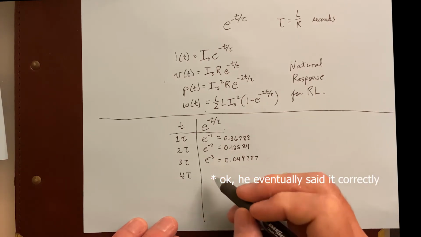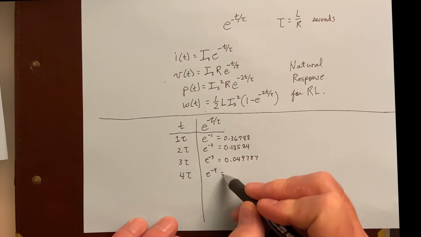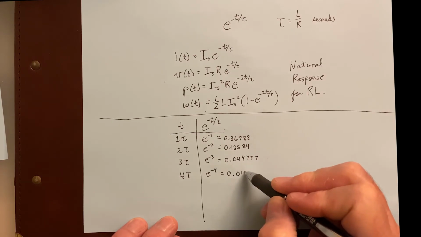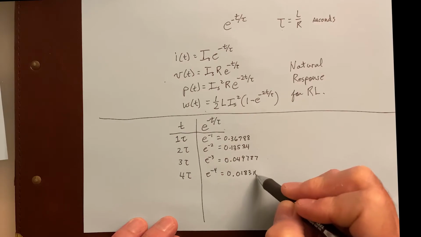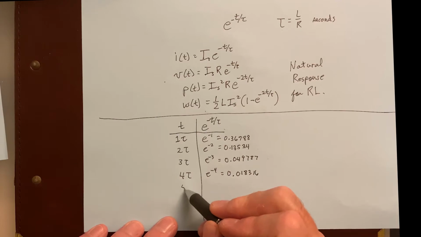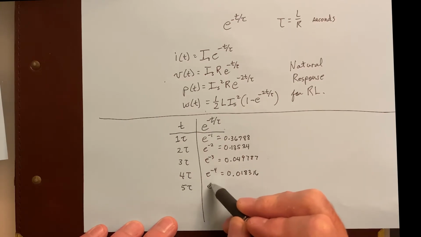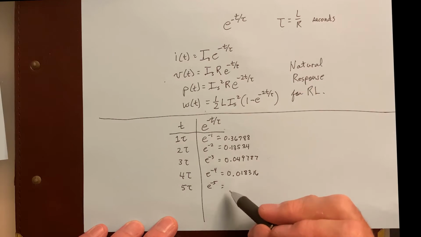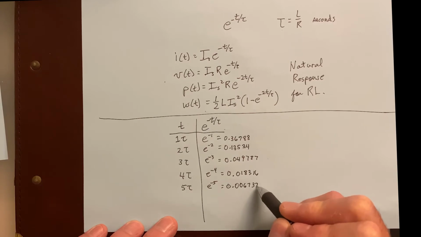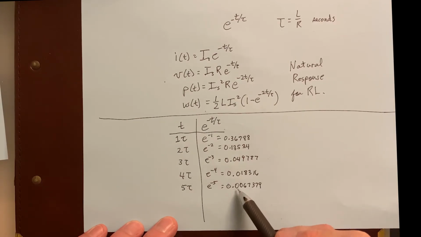After 4 tau of time, the trend continues so that it is 0.018316. So 2%. It's down to 2% of what it was originally. 5 tau of time, it is 0.006739. So now we're right at, rounding, 1%. So after 5 tau of time, it's at 1%.